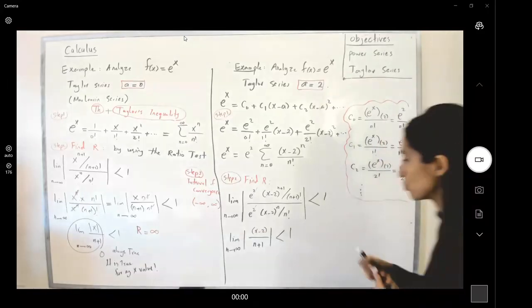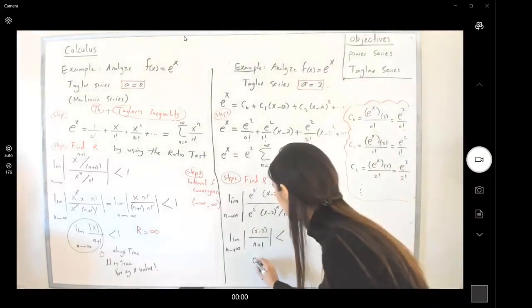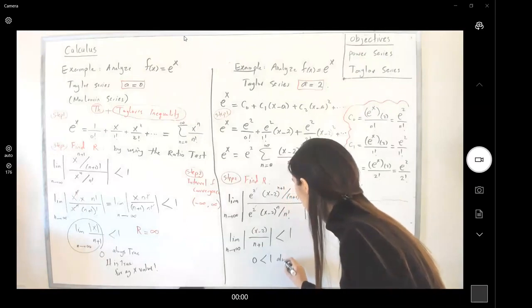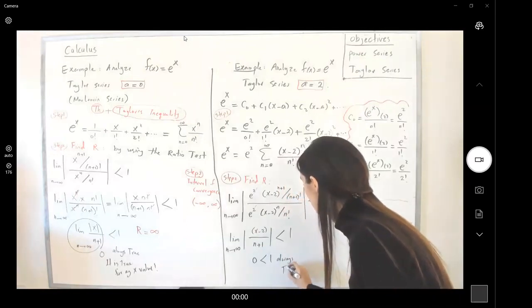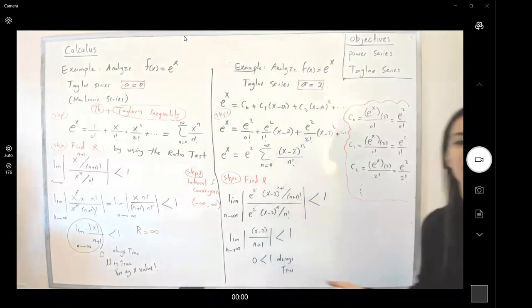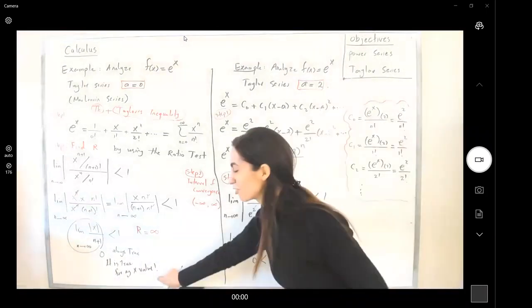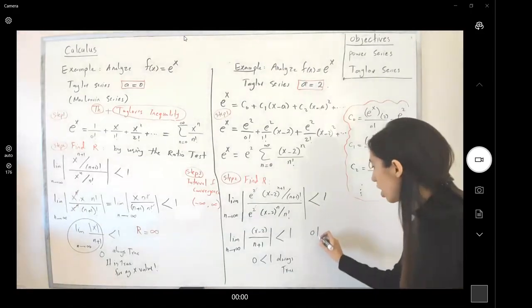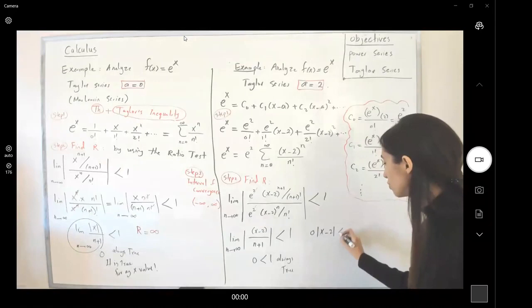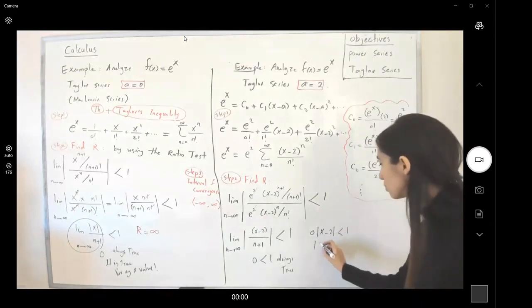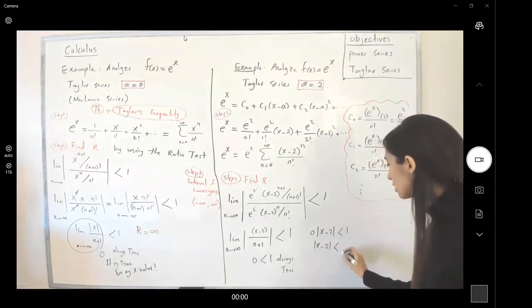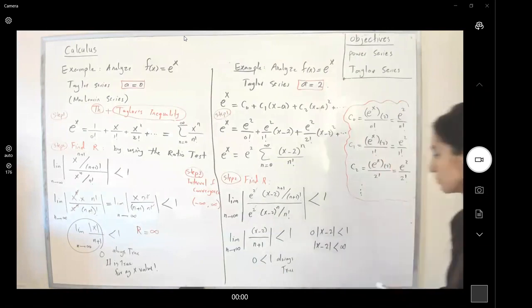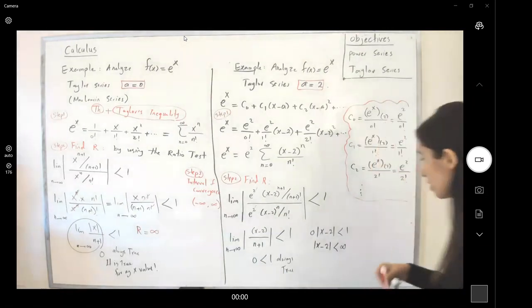This is always true. 0 is less than 1. Always true for any value of x. There you go. Again, you have 0 times absolute value of x minus 2 less than 1. So absolute value of x minus 2 is less than infinity. Your infinity is your R.